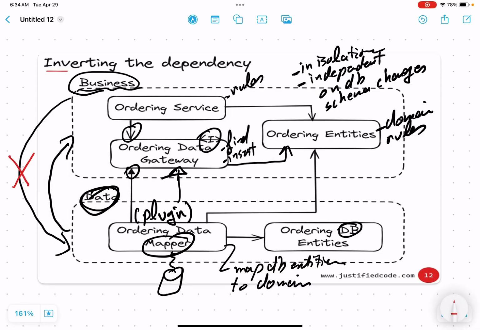It is the responsibility of the low-level details like the data or the integration to implement your high-level policies. Your high-level policies are the reason why your software exists in the first place. You have to protect them with your life, without dependencies on external changes from a database or an integration or an external system. That's it, guys.